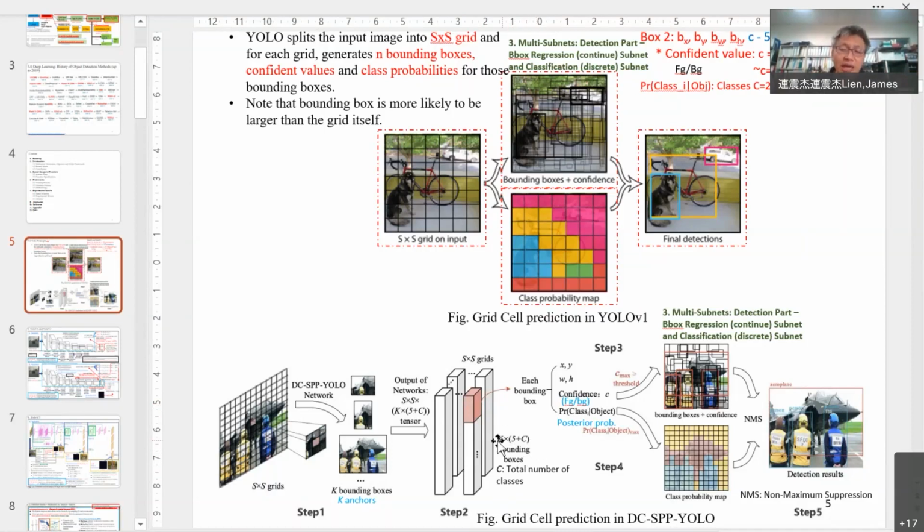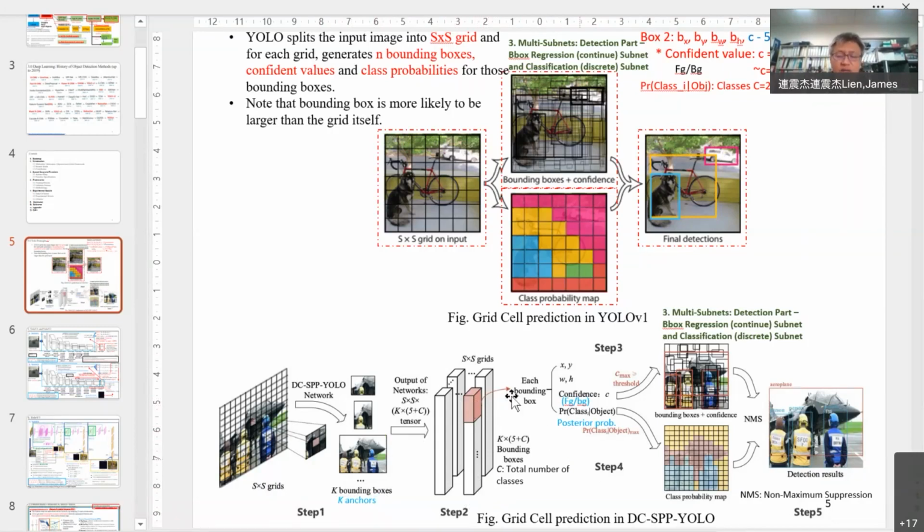And what's K? K is the number of anchors. You have K anchors, usually either 3 or 9. So this is the total parameters for each grid.